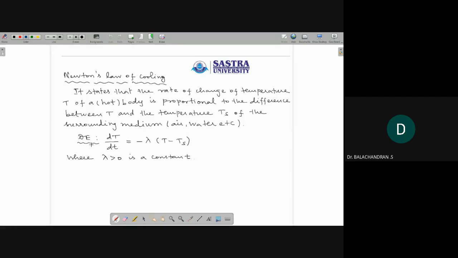So the differential equation is dT/dt = -λ(T - Ts), where T is the temperature of the body and Ts is the temperature of the surrounding medium.